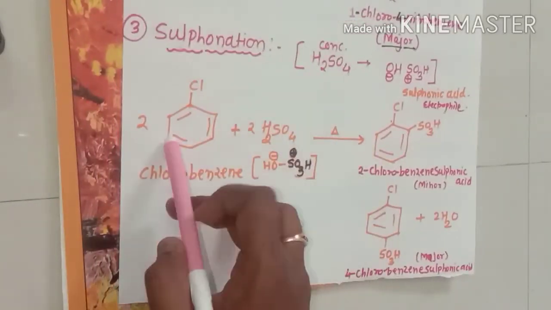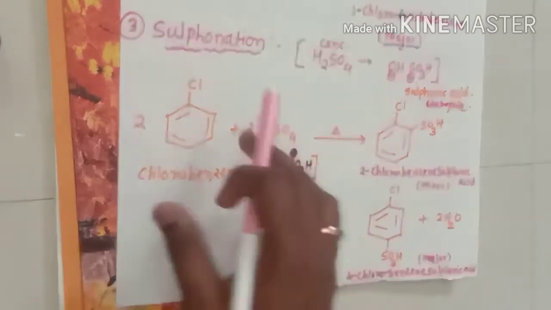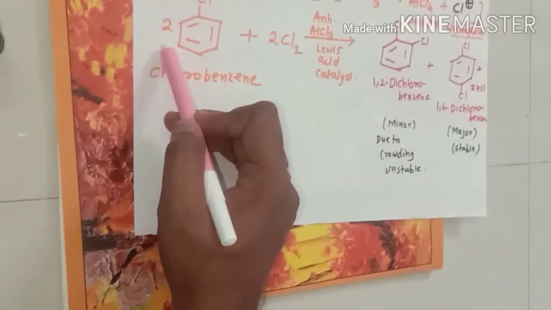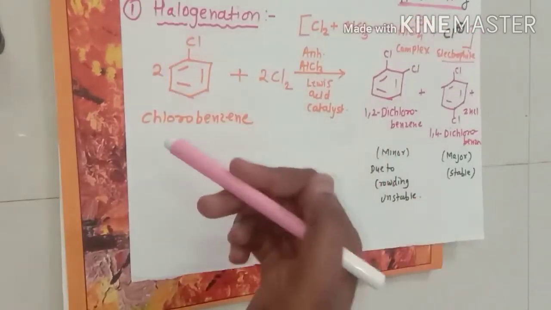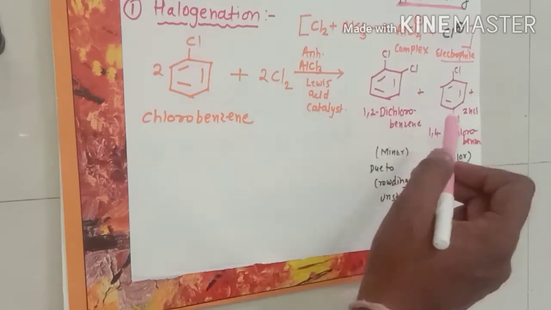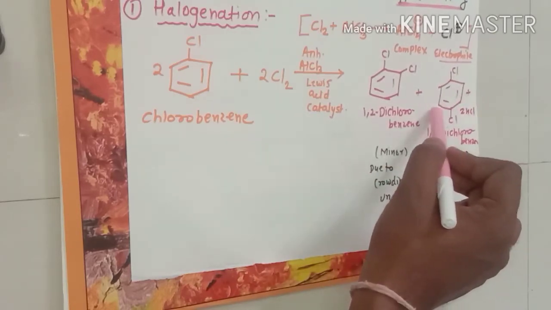Here, to balance the reaction, we take two molecules of haloarene in all reactions. In nitration and halogenation also we take two chlorobenzene molecules to balance the reaction, because we get two products: one is the ortho substituted chlorobenzene and the other is the para substituted chlorobenzene.